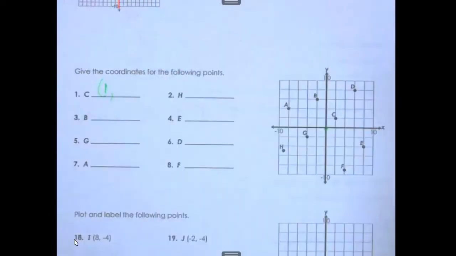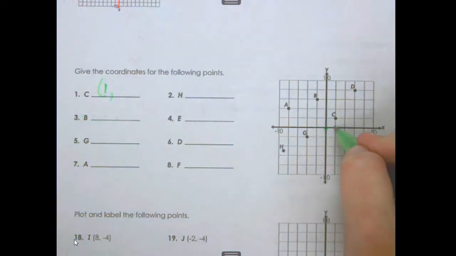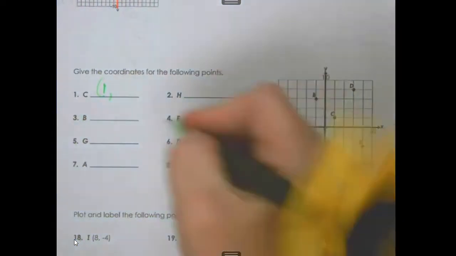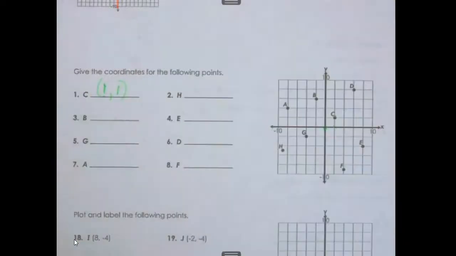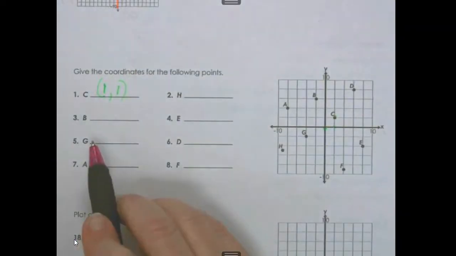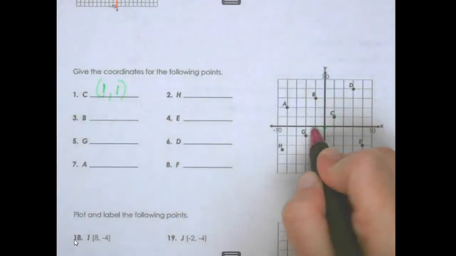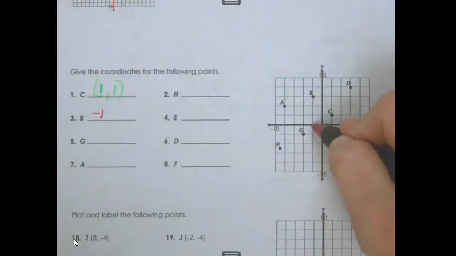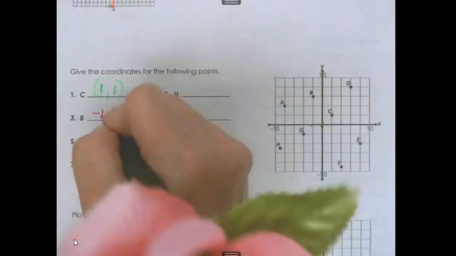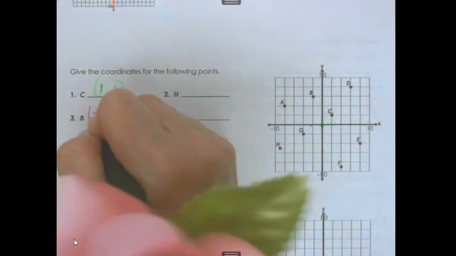So that means it's going to be 1, and then I'm going to go up 1. So my ordered pair is 1, 1. For B, I'm going to go this way to -1. And then I'm going to go up, which is positive 2. 1, 2, 3. Positive 3.